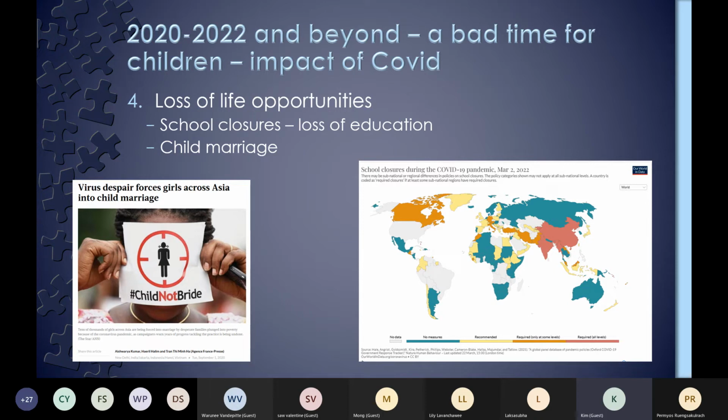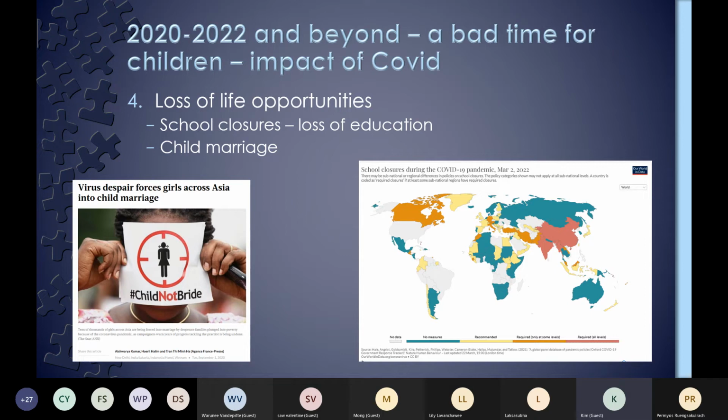In many countries of the world, and in many communities, school closure means people stop going to school. Children who are out of school for months usually finish up helping their parents in whatever work activity they have. And it's really only the middle class or the children of more wealthy families who get the opportunity to go back to school. So dividing society between those with and without an opportunity for education is a shocking consequence of the pandemic.